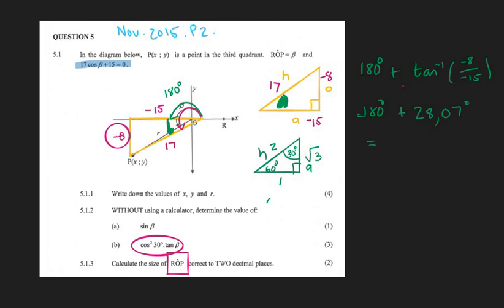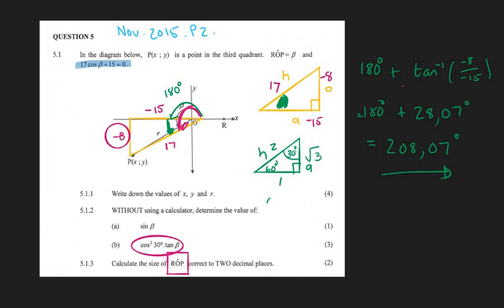Now if I add that to 180, that is going to be 208.07 degrees. So this whole beta is going to be that.